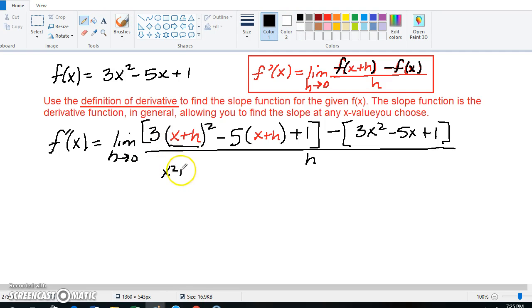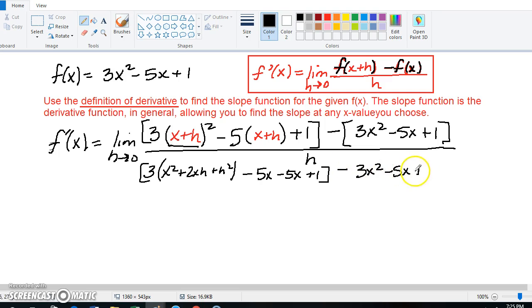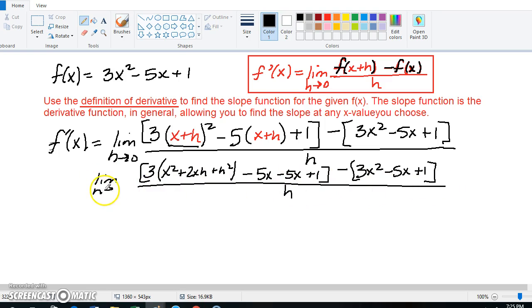So x squared plus 2xh plus h squared times 3 minus 5x minus 5h plus 1. Be careful of your parentheses so you don't lose any negative signs. I'm going to distribute 3 times x squared plus 2xh plus h squared.